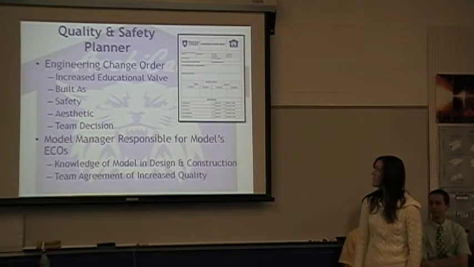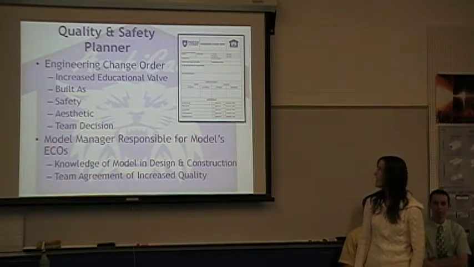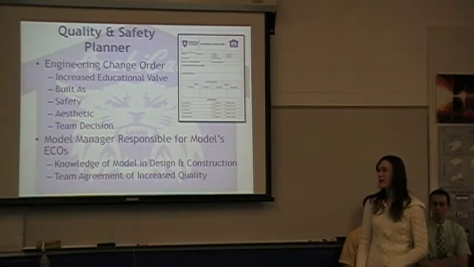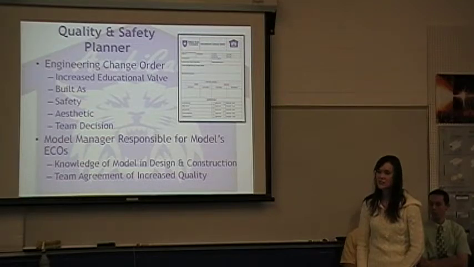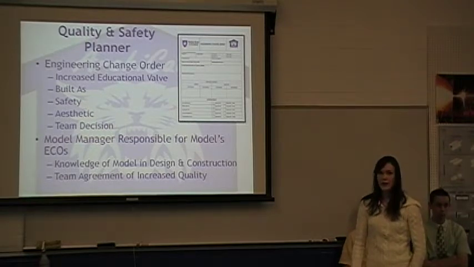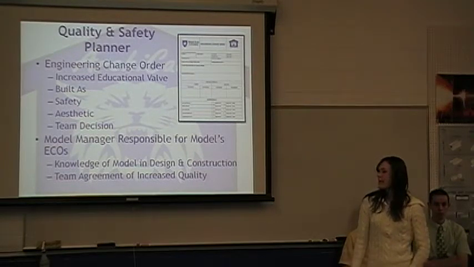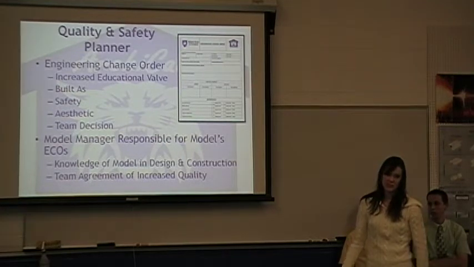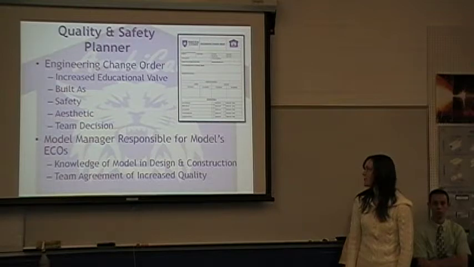And then for quality, I put together the engineering change order. Our main purposes for the engineering change orders, or the revisions that we came up with, was that we found something that would work better, that increased educational value, or we just built it differently, or it increased safety, aesthetic appearance, or we just made a team decision that we wanted to do it a different way.